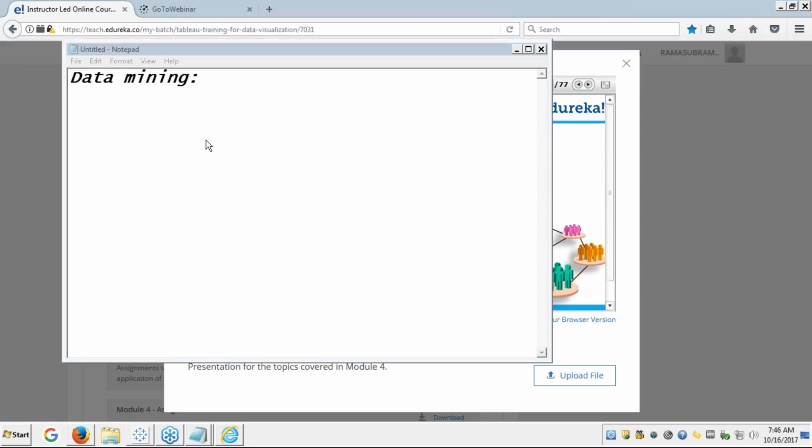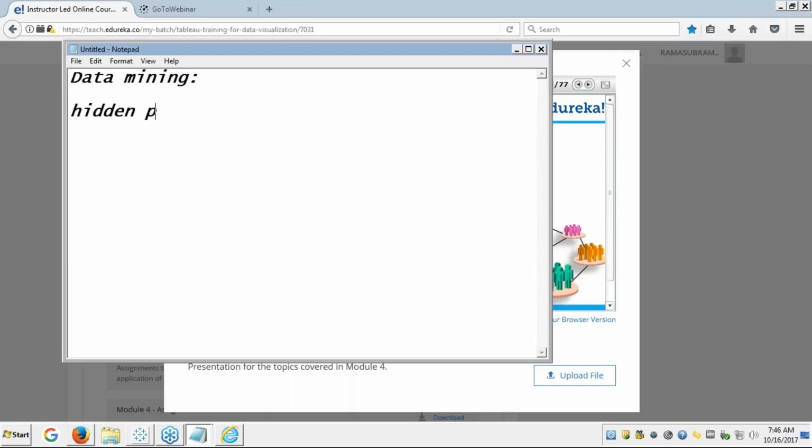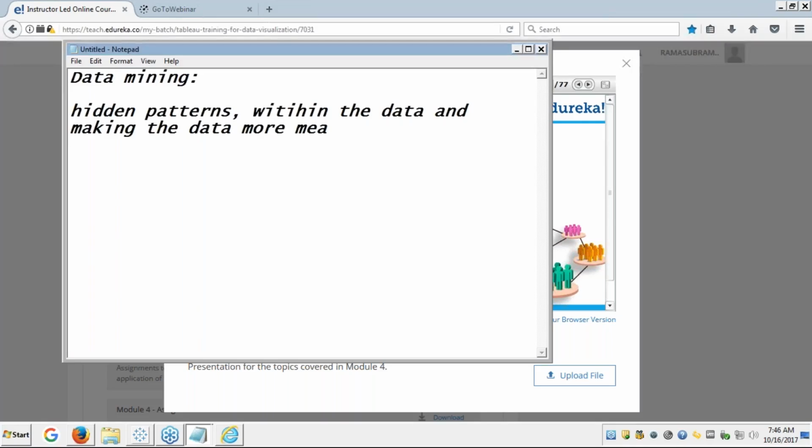Exactly, Jayashree, you are right. So finding the hidden patterns within the data sets, making the data more meaningful and capturing insights.